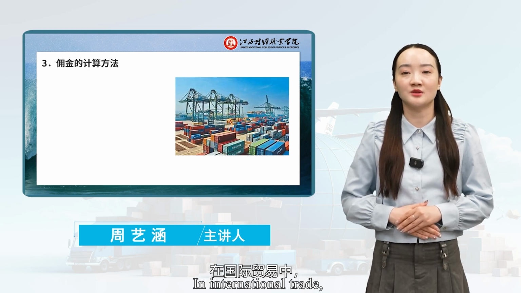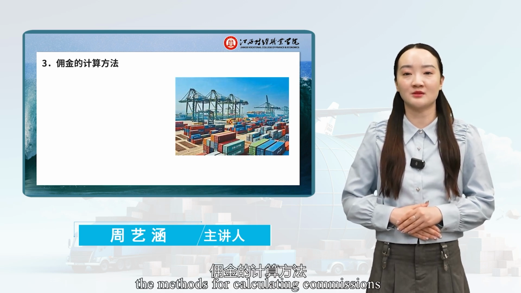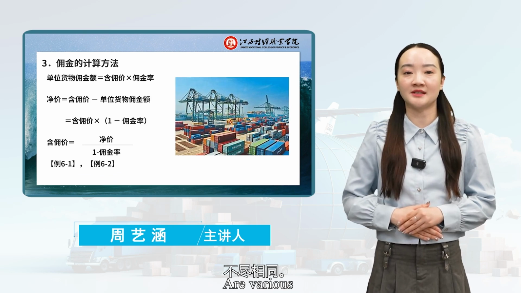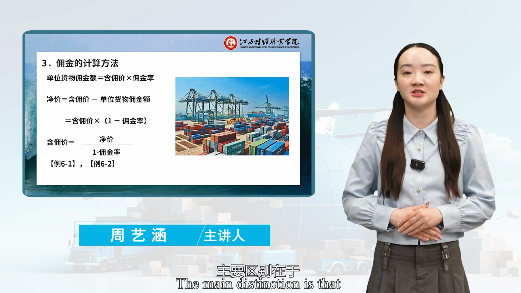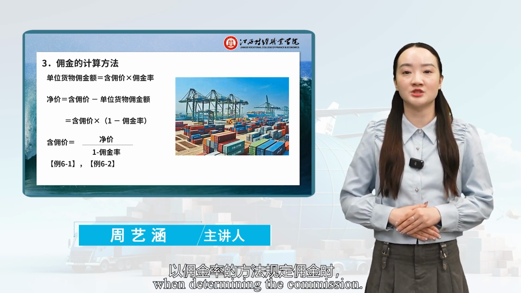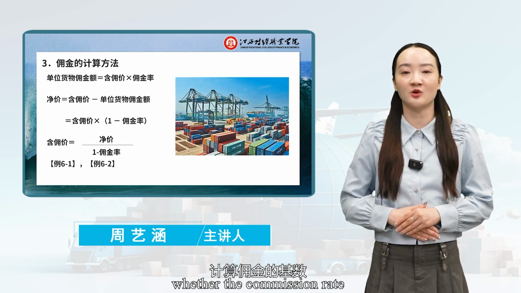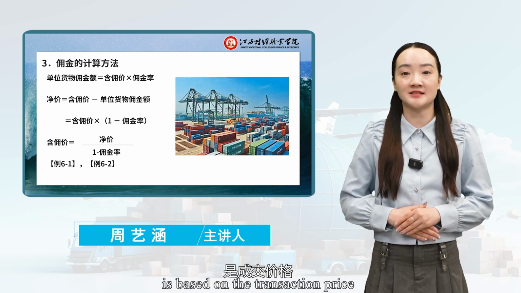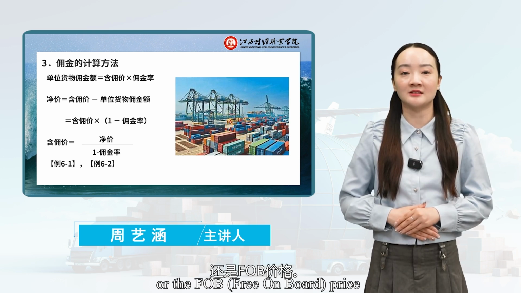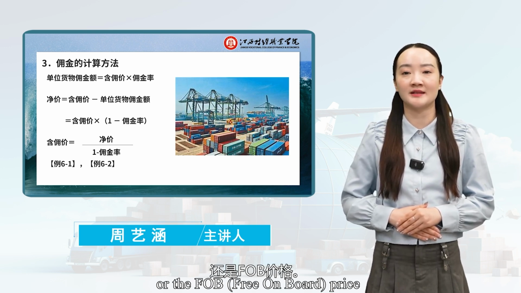In international trade, the methods for calculating commissions are various. The main distinction is that when determining the commission, whether the commission rate is based on the transaction price or the FOB, free on board price.